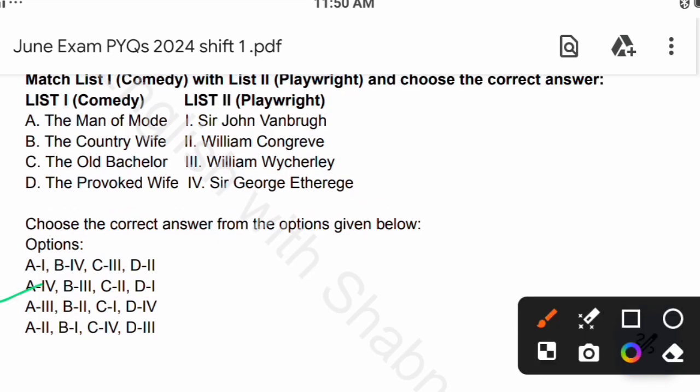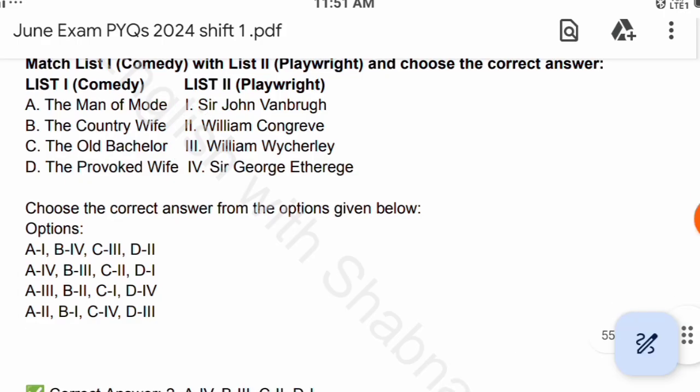That means you have to match A fourth: The Man of Mode by Sir George Etherege; B third: The Country Wife by William Wycherley; C second: The Old Bachelor by William Congreve; and D first: The Provoked Wife by Sir John Vanbrugh. This is the correct matching of the comedies and the playwrights. Let's move on to the next question.